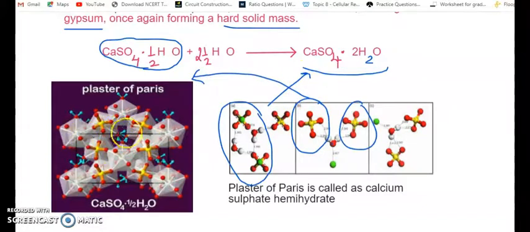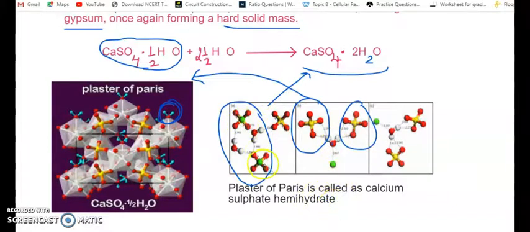Same way, if you look at this picture, it's a more complicated picture. Calcium sulfate is going to share half a molecule of water. Here, this is a water molecule which is shared by two molecules of calcium sulfate. So two molecules of calcium sulfate sharing one water molecule is plaster of Paris. Therefore, it is hemihydrate.